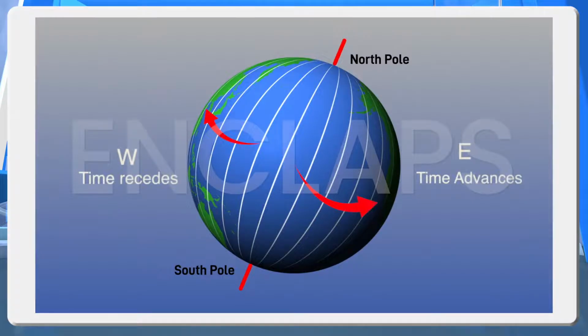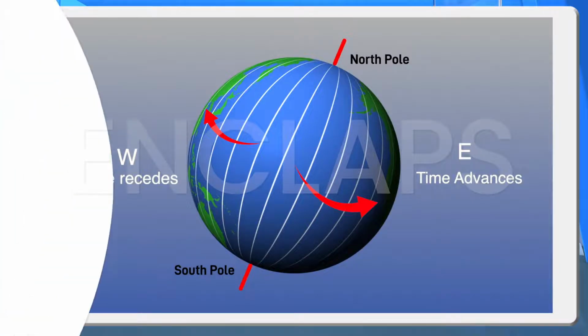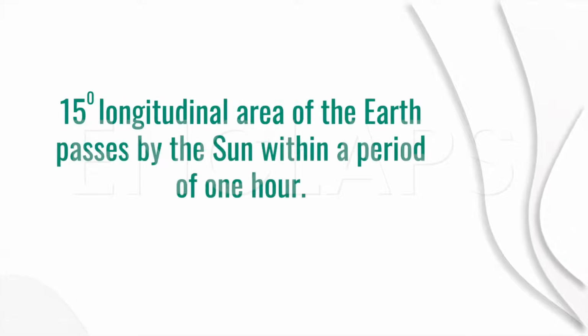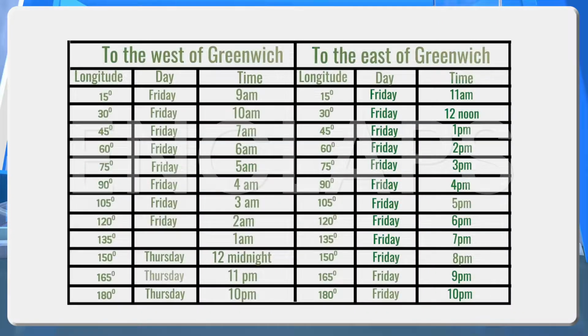We know that time advances towards the east and recedes towards the west, and a 15 degree longitudinal area of the earth passes by the sun within a period of 1 hour. Now, try to complete this table.